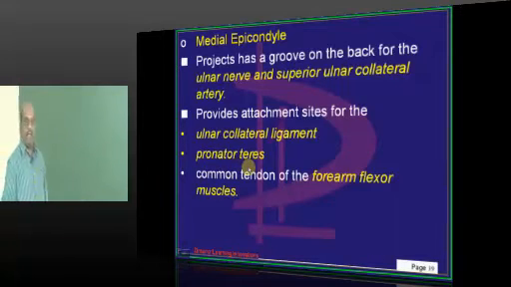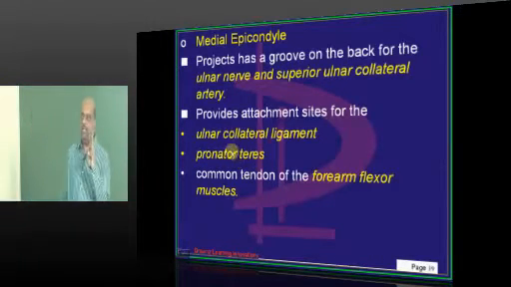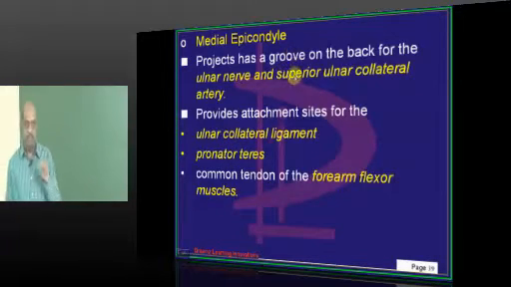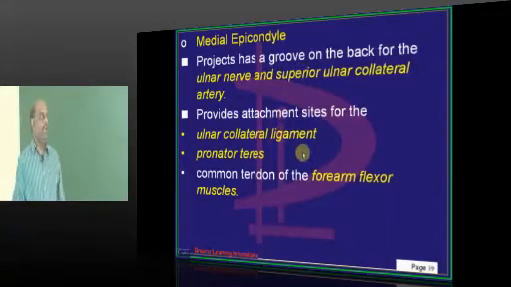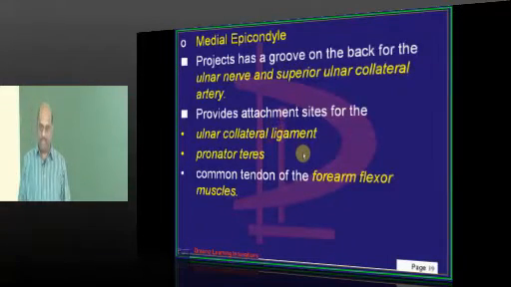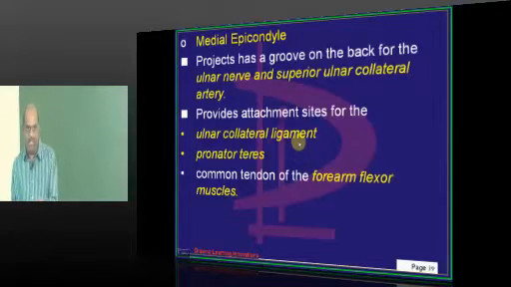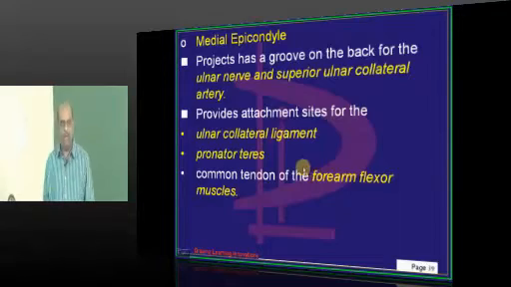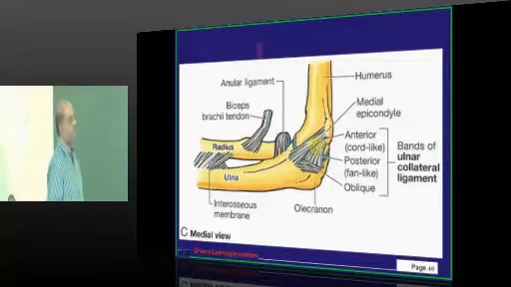Mainly pronator teres and supinator, what is their origin you should not forget. Pronator teres is medial epicondyle, supinator is the lateral epicondyle, is what grossly examiner want to check. Common flexor origin is medial epicondyle, extensor origin is lateral epicondyle, is what you have to be very sure.